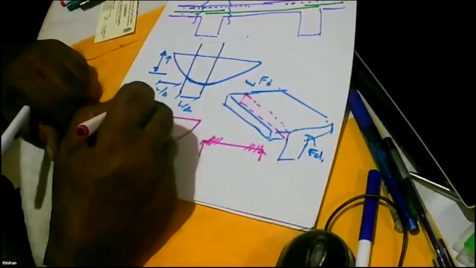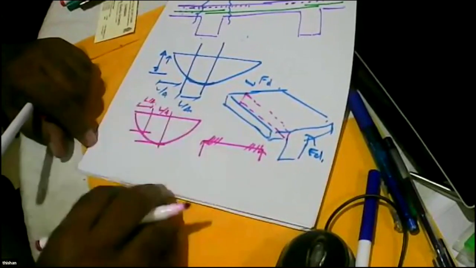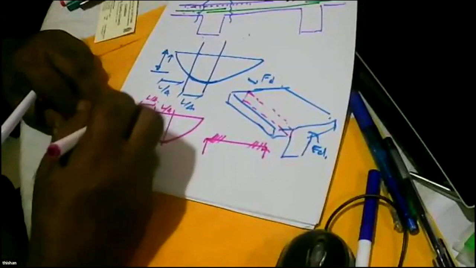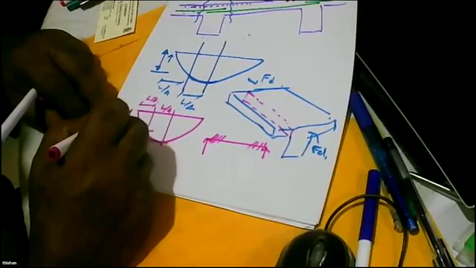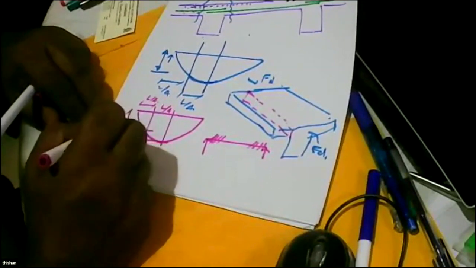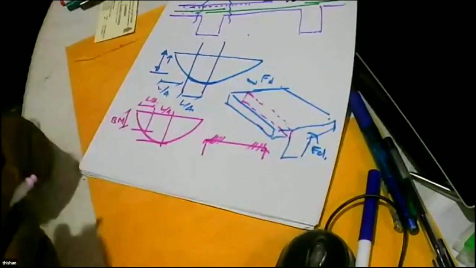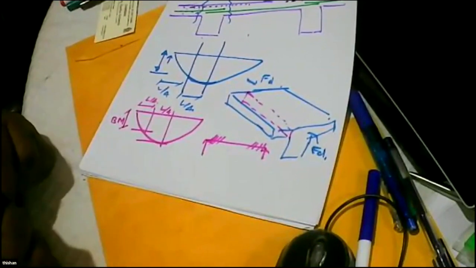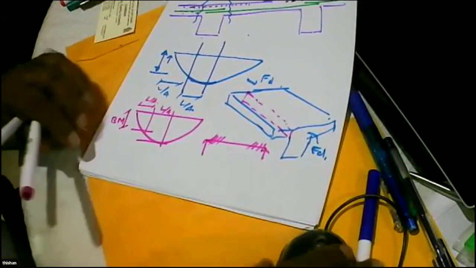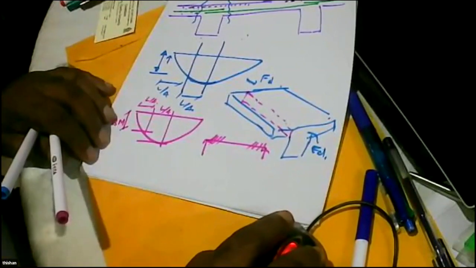So this is L by 4. And what it says is find this bending moment. So that complicated calculation we have seen is just to find the bending moment variation. So I'll share again.